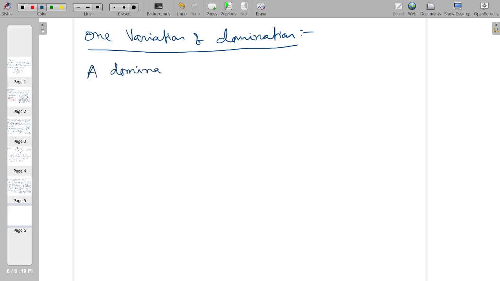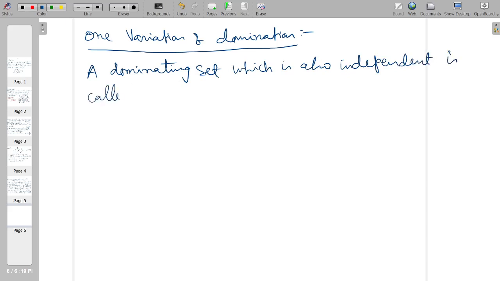A dominating set which is also independent is called an independent dominating set.